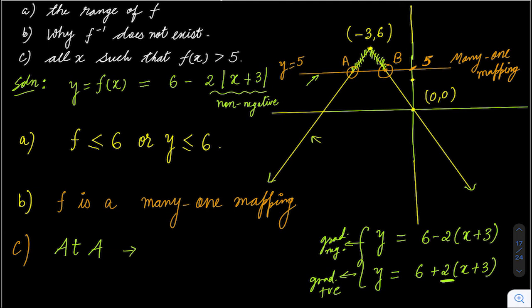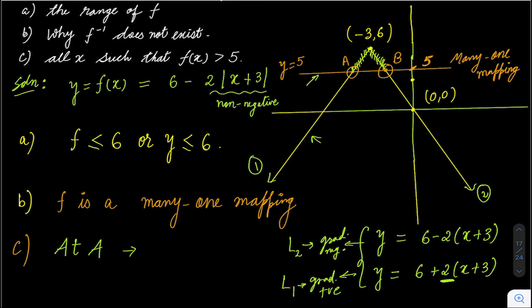Obviously this line, because this line is making an acute angle. I think everyone knows this. Let's call this line 2 and this line 1. So line 1 has the positive gradient. So this must be line 1, and this must be line 2, in case you want to know.